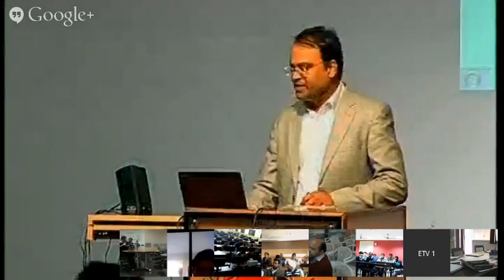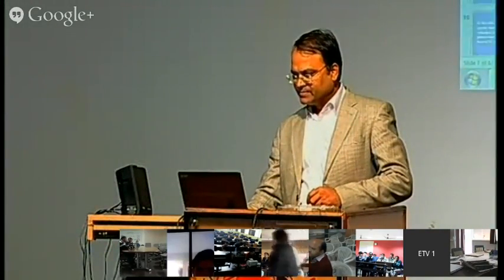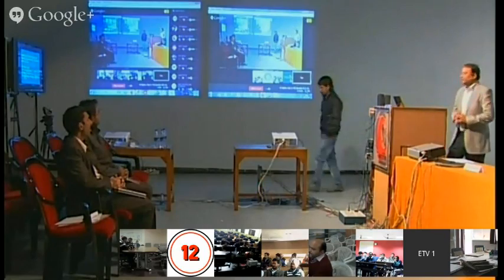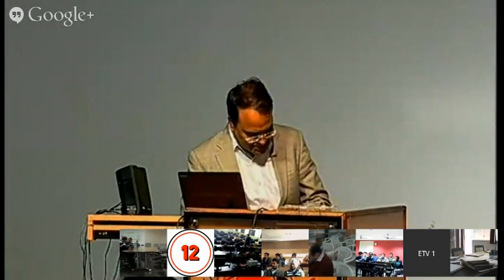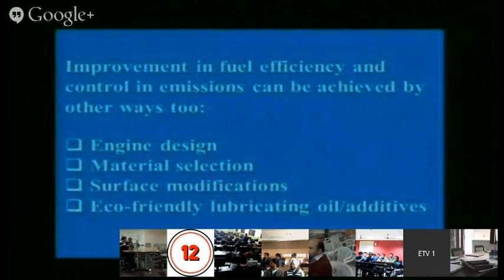Now another point is improving fuel efficiency. If you see the points where researchers are working right now, they are focusing on these. The first is smart engine design itself, if at all it is possible.